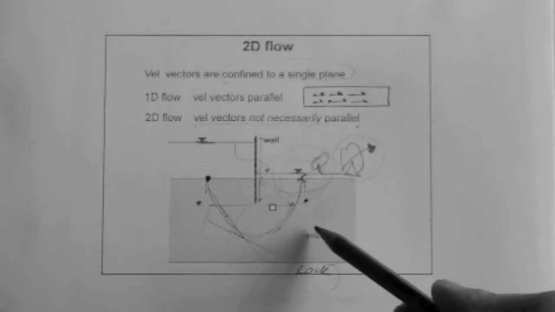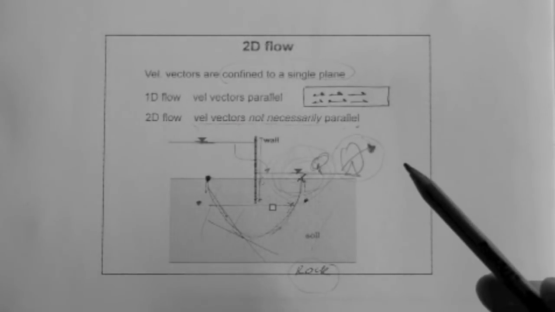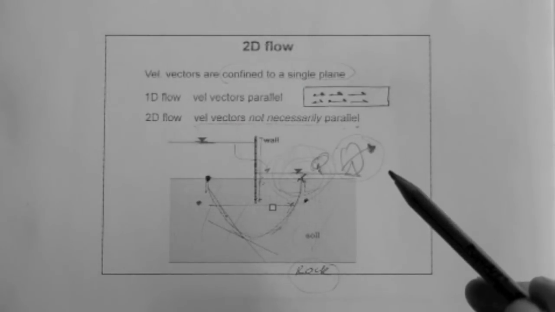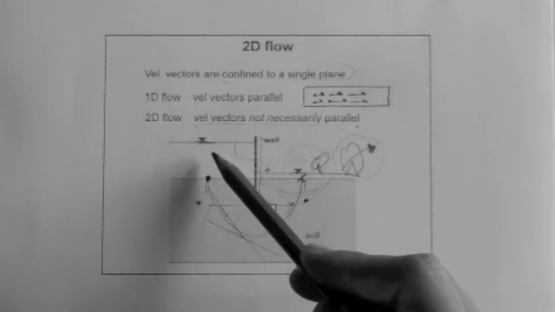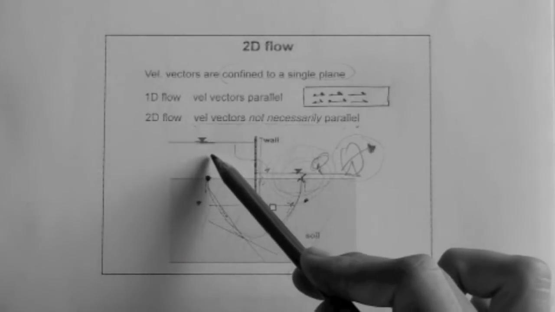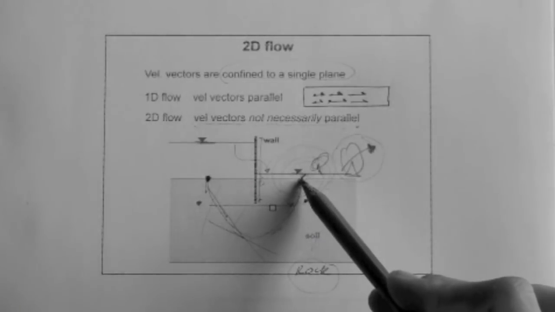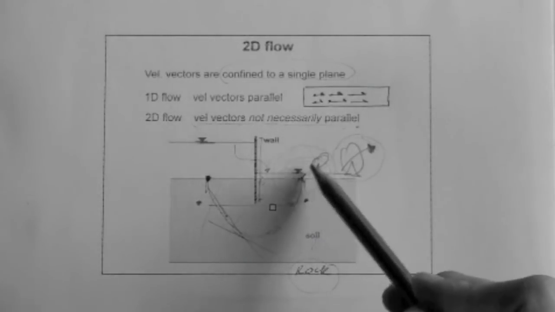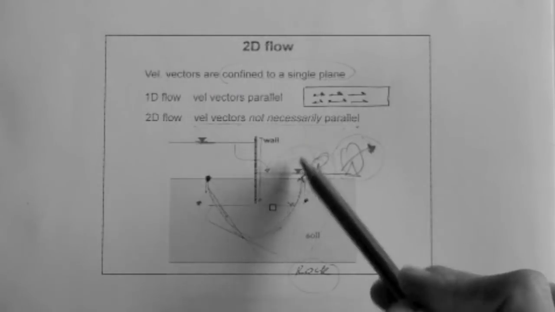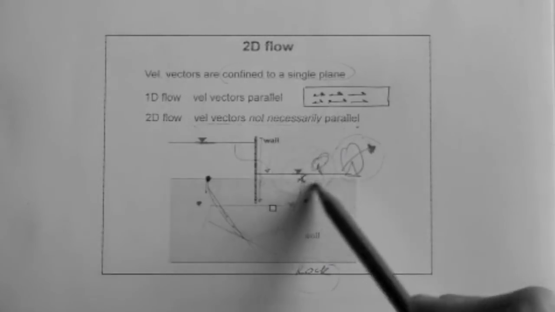If this soil is clay, for example, that has a very low K, low hydraulic conductivity, then the water is going to have a hard time going through, and therefore you will get very little water per unit time, that is a very low flow rate, into this area or location.